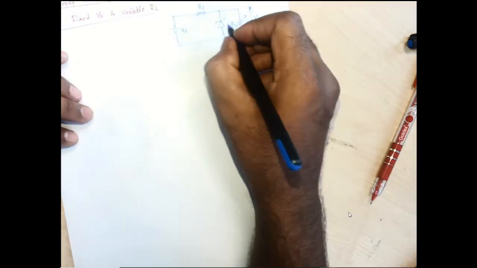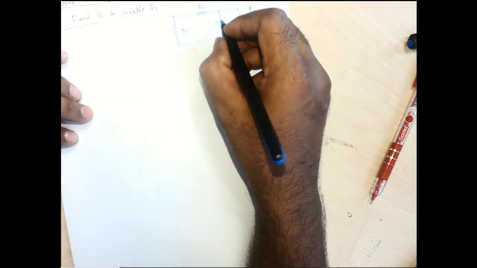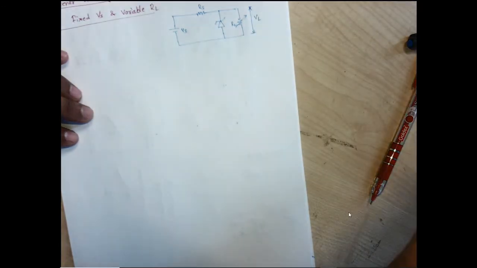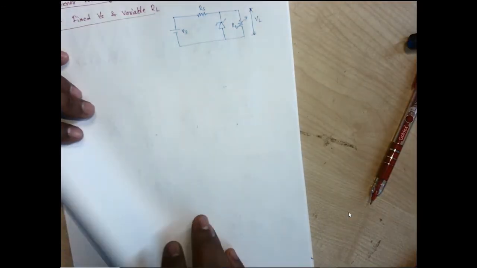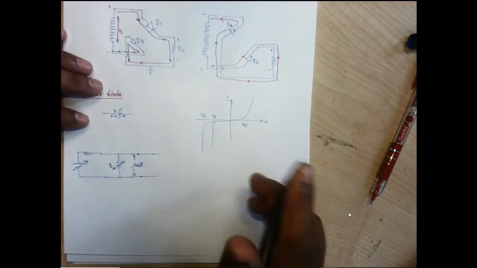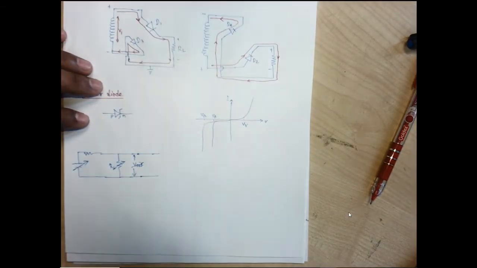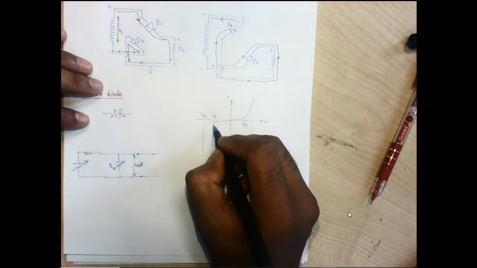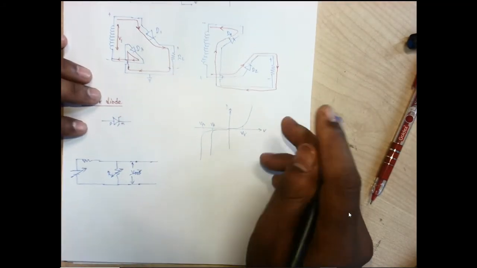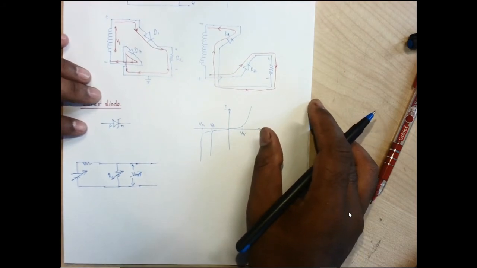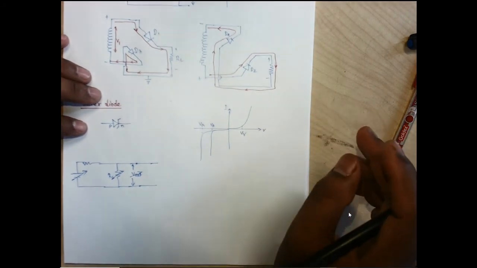Whenever breakdown occurs, the voltage across the Zener diode will remain fixed, no matter how much current is flowing through it. The voltage remains fixed in the breakdown region because that is the breakdown voltage of the Zener diode, but a large amount of current can flow through it. That is the main characteristic used for the regulator.